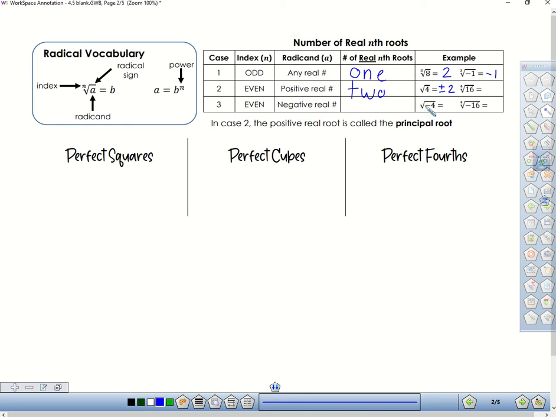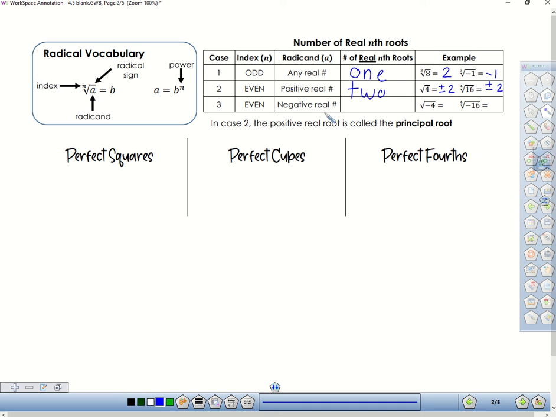Because -2 times -2 is +4, and +2 times +2 is also 4. And then lastly, anybody know what the fourth root of 16 is? So it's 4 numbers you multiply together that are the same number that'll give you 16. 2, exactly, good job. So it's not just 2, it's plus or minus 2, because you can multiply 4 negative 2's together and get 16, or 4 positive 2's together and get 16.